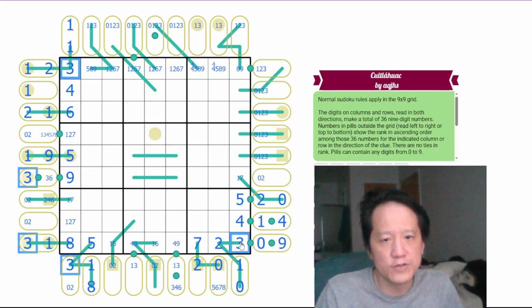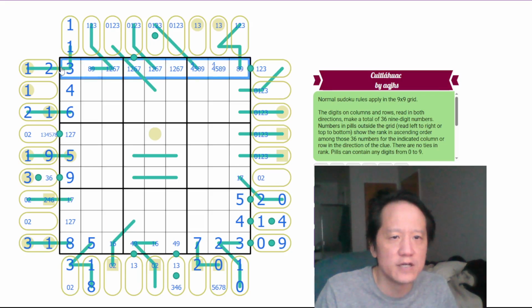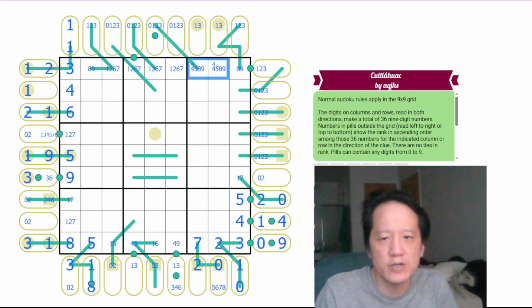We've got all the 3s on the edges. We have 4 of the... Okay, this 5 eliminates 5 here. This becomes an 8, 9, 8, 9 pair, which eliminates 8 and 9 in the rest of the row. So this can't be 8 or 9. It's a 4, 5 pair here.